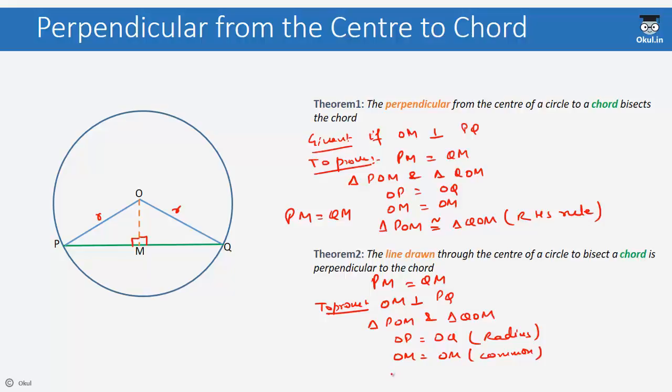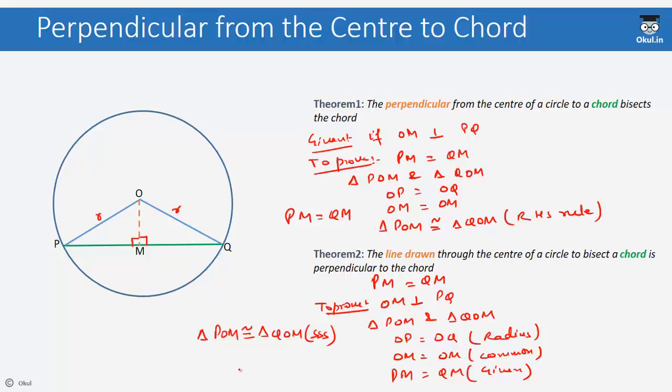And PM is equal to QM, which is already given to us in this theorem. So with these three statements I can conclude that triangle POM is congruent to triangle QOM by the SSS rule.